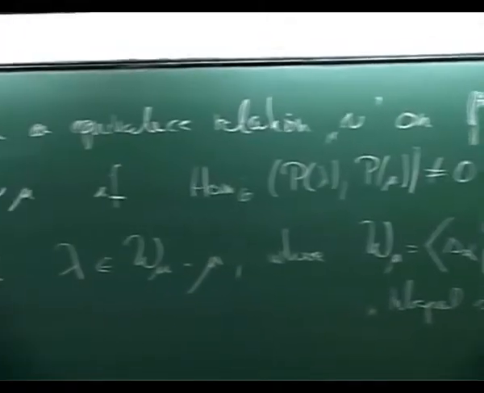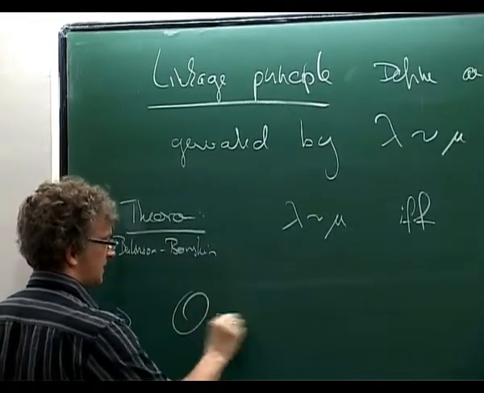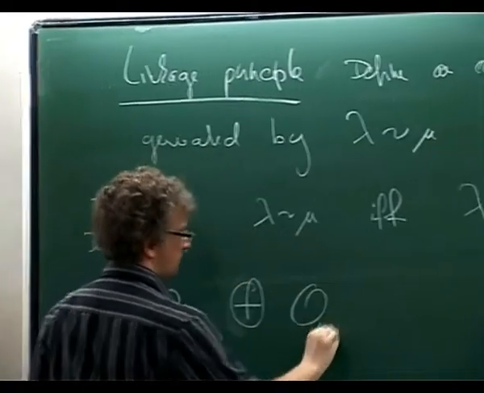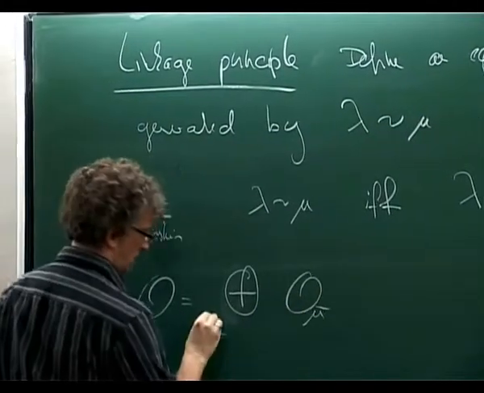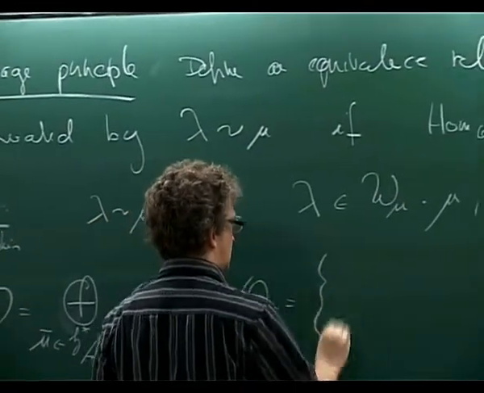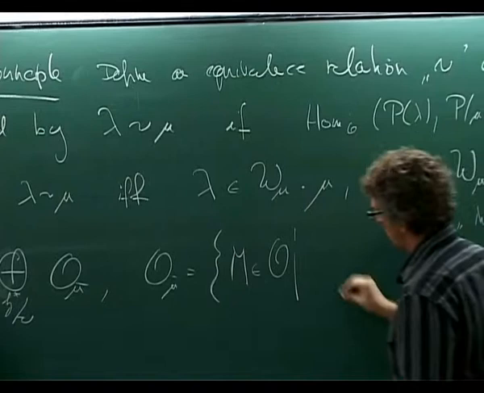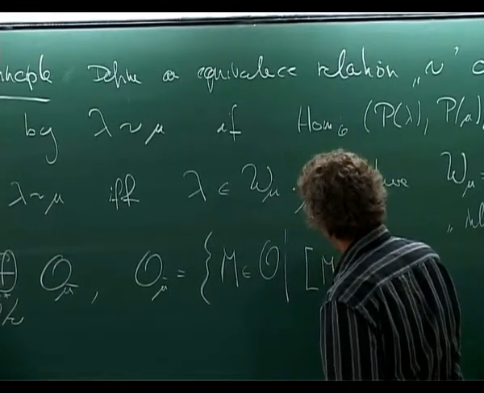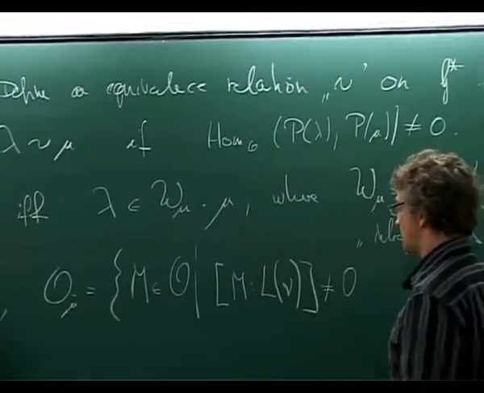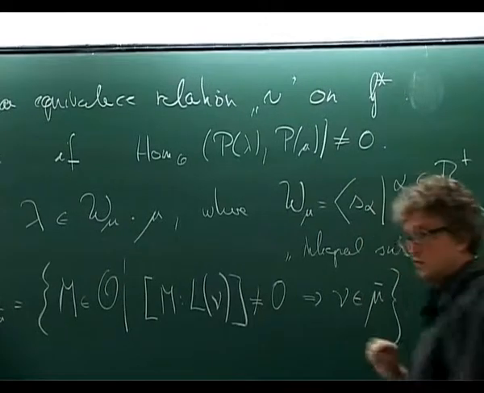So it follows from this that category O splits into a direct sum of subcategories O mu bar, where mu bar is an equivalence class, and O mu bar is the subcategory of all objects in O that have the property that if L nu is a subquotient of M, so that means the Jordan-Hölder multiplicity is non-zero, then nu is in mu bar, in this equivalence class.